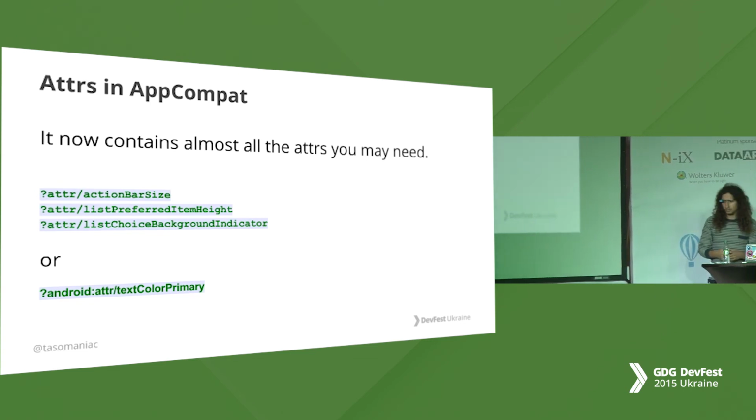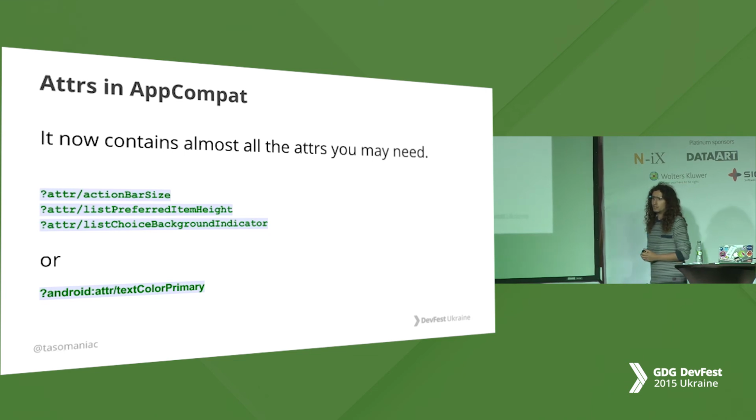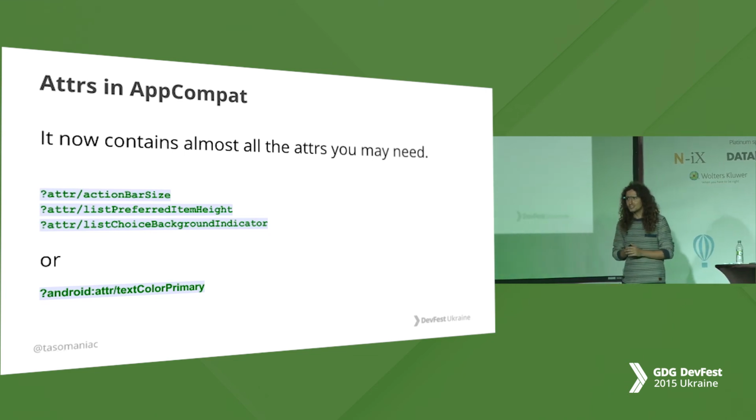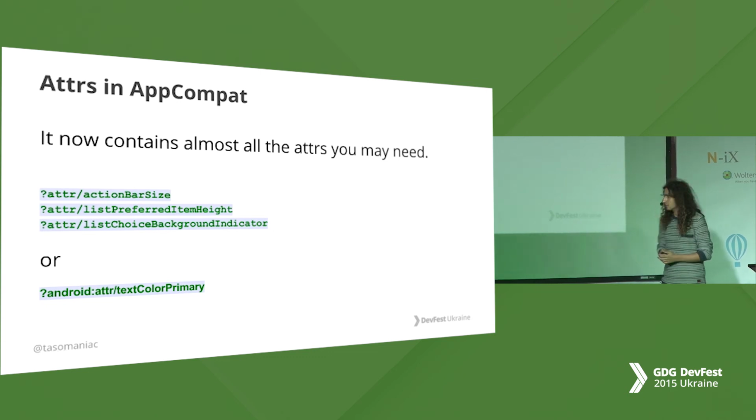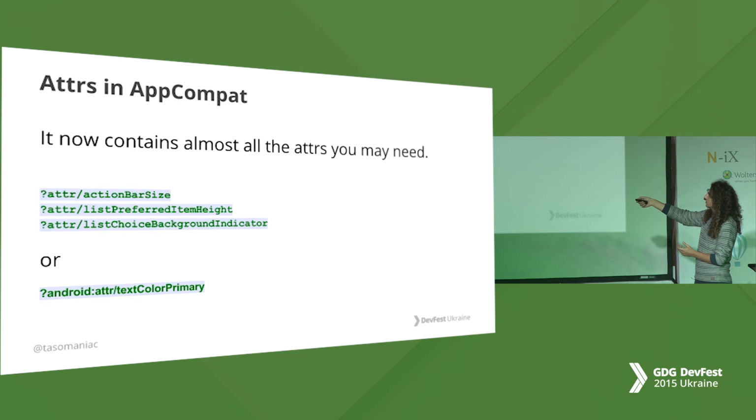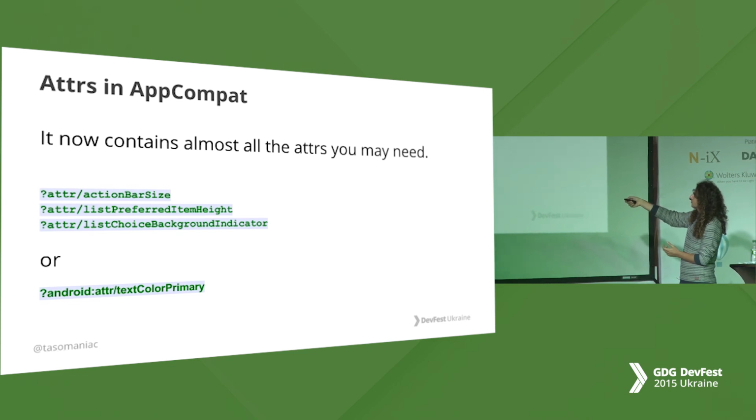So let's briefly look at the other attributes. I talked a lot about the selectable item background because I think that is the most important thing in the library. But we have others like the action bar size attribute and list preferred item height. If you look here, it has an Android tag, right?